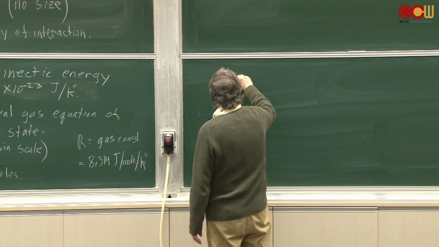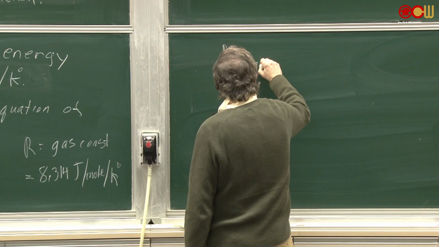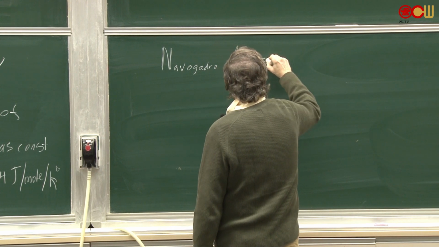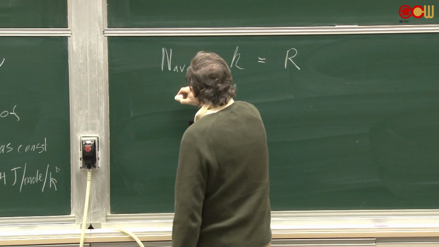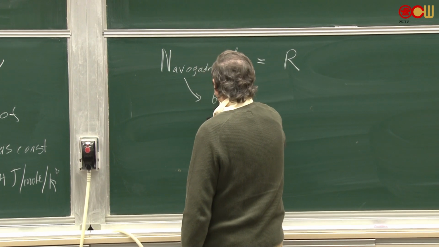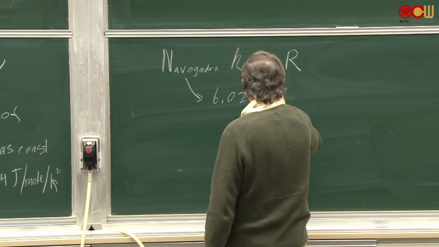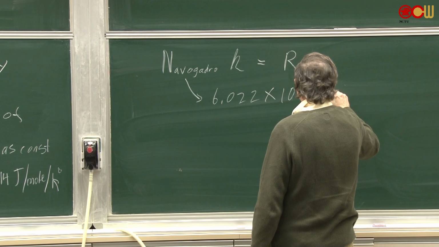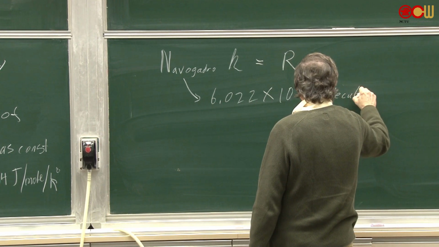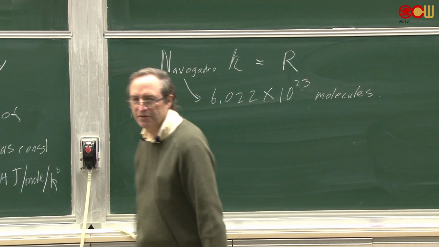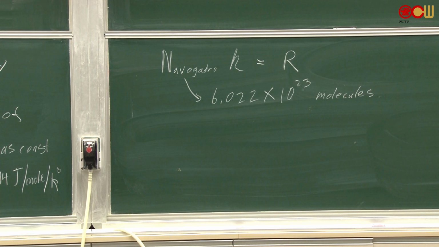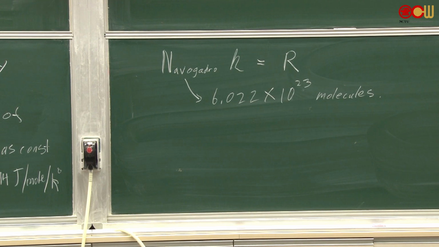N Avogadro times k equals R. And that is 6.022, something like that, times 10 to the 23rd molecules. It's a large number of molecules. It's called Avogadro's number. So it's the number of molecules in a mole. So that's the formula.